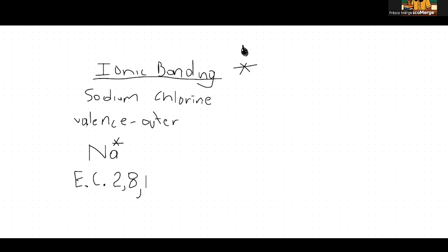You can double check the periodic table if you're having doubts. So it's 2, 8, 1. That's what we mean by EC. EC basically means how the electrons are arranged on the shells, right? Following? Yes, sir. Good.